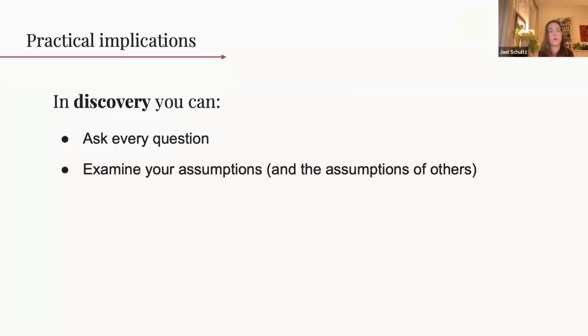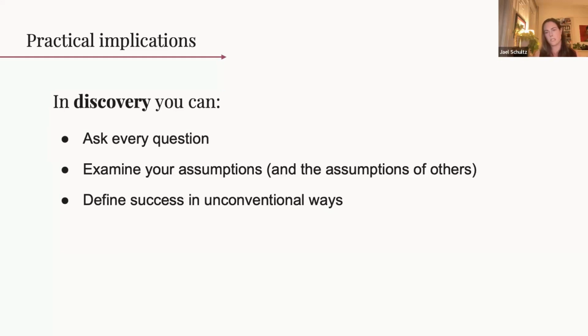We can also examine our assumptions and the assumptions of others, which I've mentioned before. But if we're assuming we don't know anything, we can ask ourselves, our stakeholders, our partners, why do we believe this thing is true? Why do we believe this is going to work or this other thing is not going to work? We can also define success in unconventional ways.